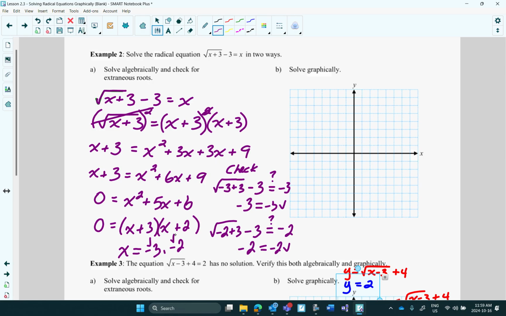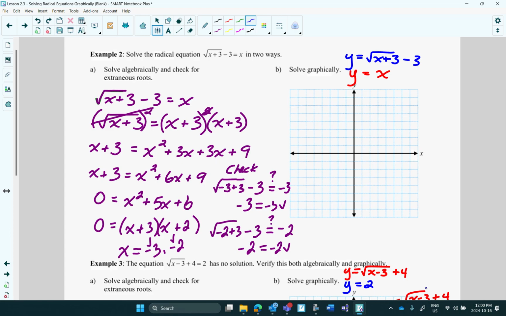So to graph it, we're going to graph the left side by tossing a y in front of it. And we're going to graph the right side by tossing a y in front of it. And hopefully we're going to see those 2 points of intersection. For this one, you guys should know. I'm going to take every point and do what? 3 left, 3 down.